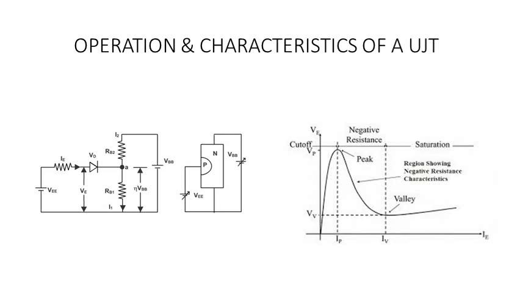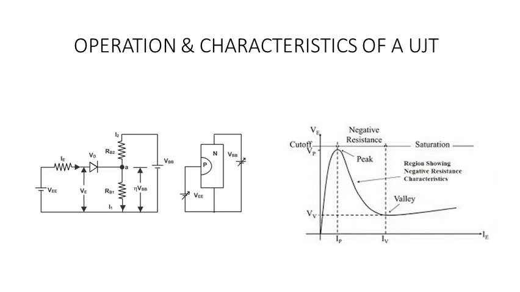If you look at the characteristics, you can split them into three regions: the cutoff region, the negative resistance region, and the saturation region. The cutoff region is where your voltage is lesser than Vp. Here your UJT is said to be in the off position. In the negative resistance region, VE will be reduced from Vp to the valley point, and here your current will be increased.